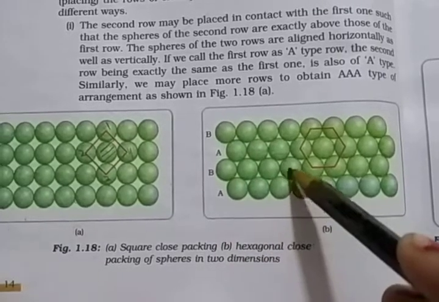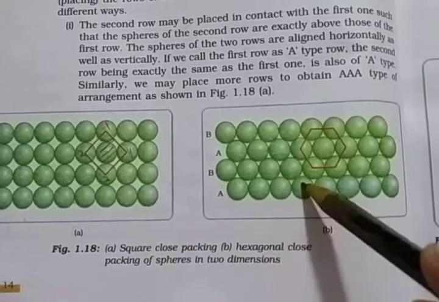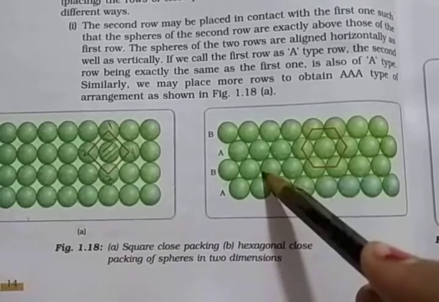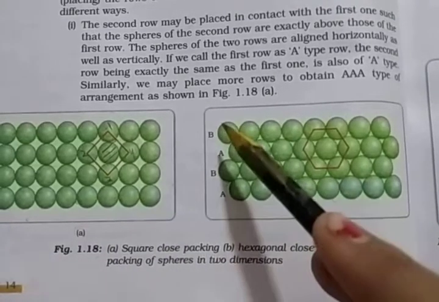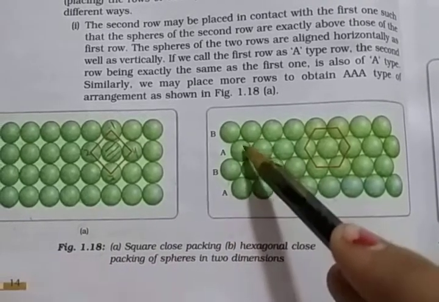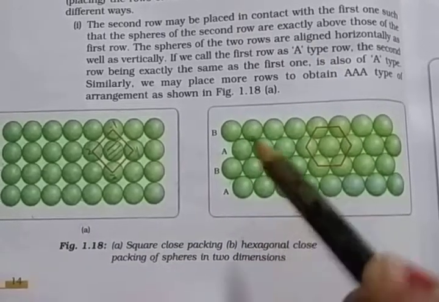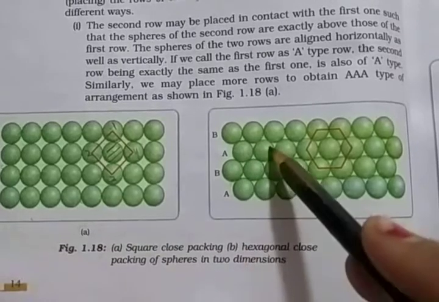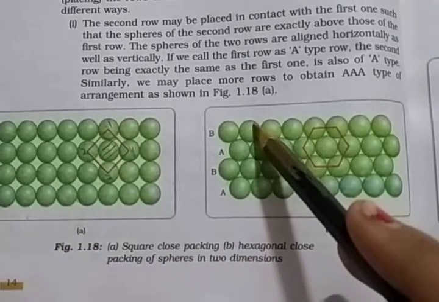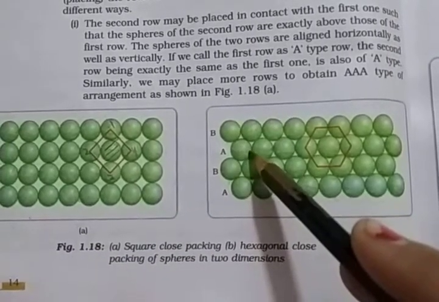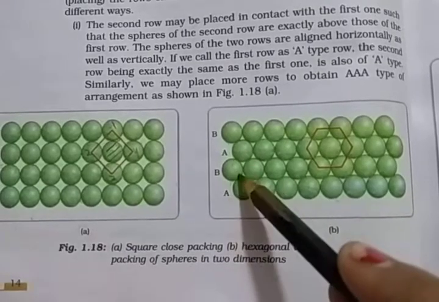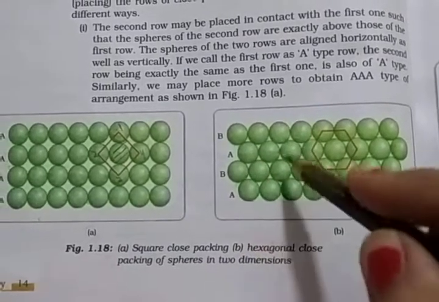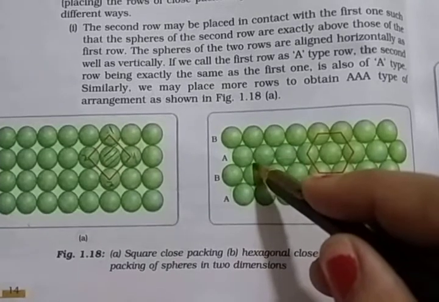So this layer is A type, then B type. Consider A, B, A, B. Clear? First A, then B, then A, and then B.